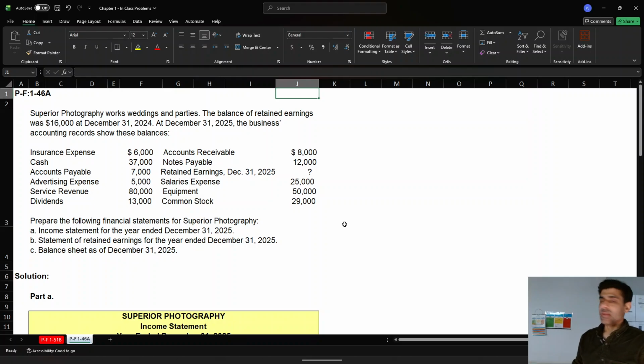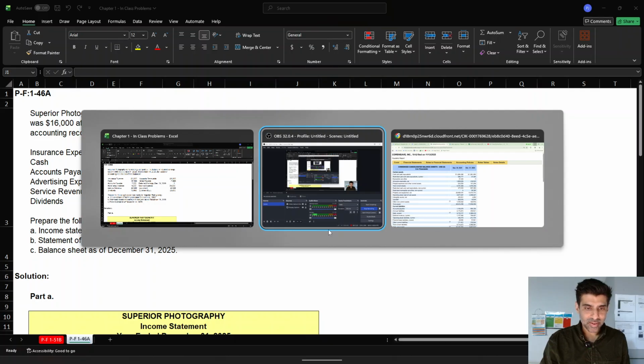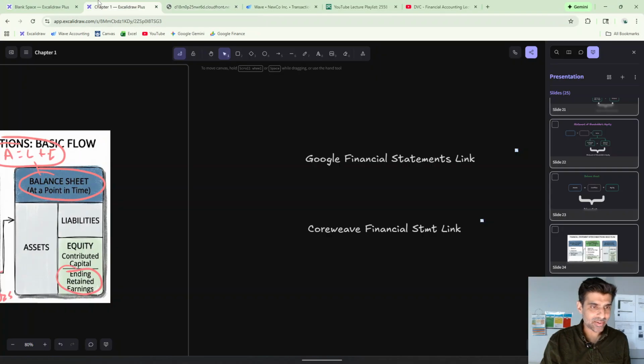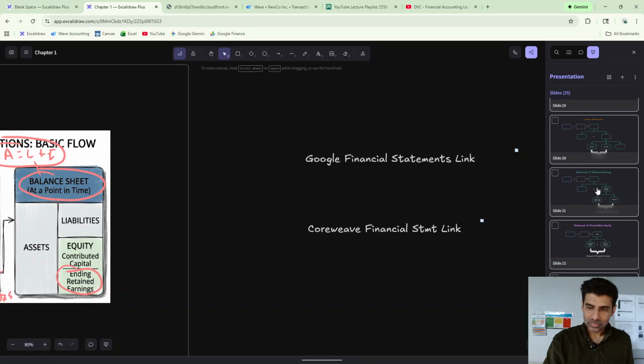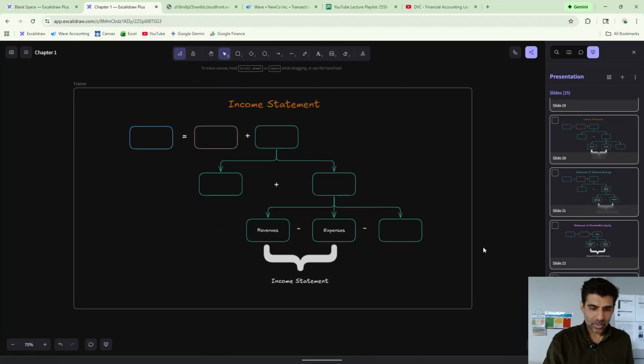Okay, so maybe I need to show this schematic again. I think people are a little lost here. If you remember this, I told you guys to memorize this table, right?